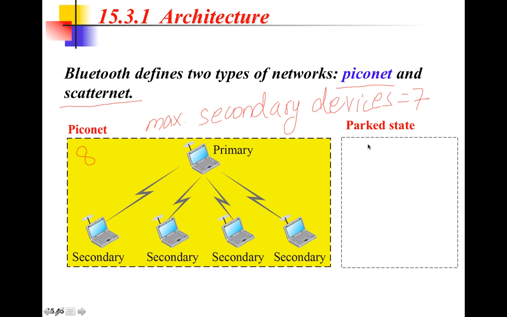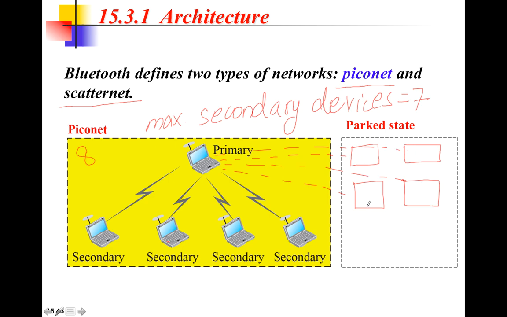Now we have the parked state. What does this mean, the parked state? In the parked state, you could have more than one device sitting here. These devices have all formed a connection with the primary, but these devices are not active.